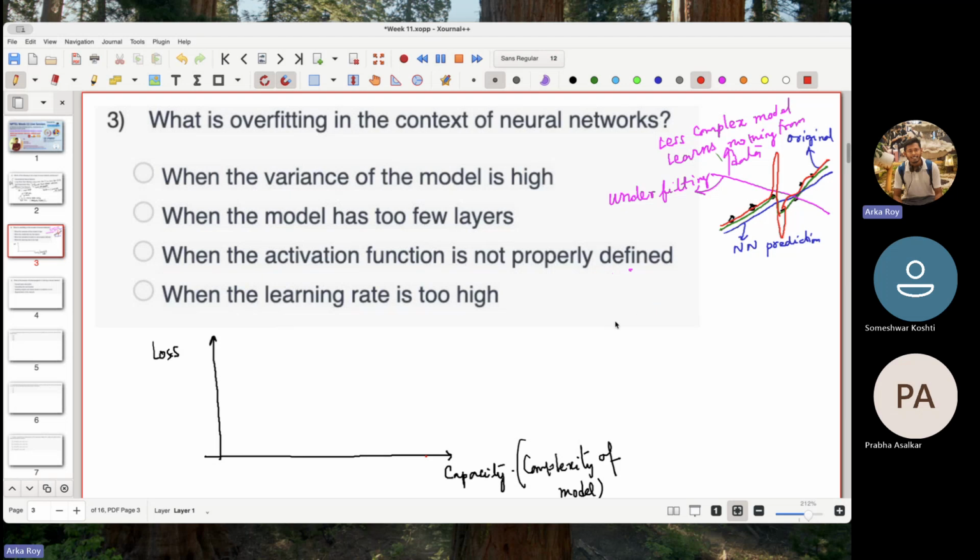Now you can see if you use a very high computationally complex model, the model capacity is very high, so the model will fit the data very well at training time. But this also creates a problem. This red one refers to a highly complex model.